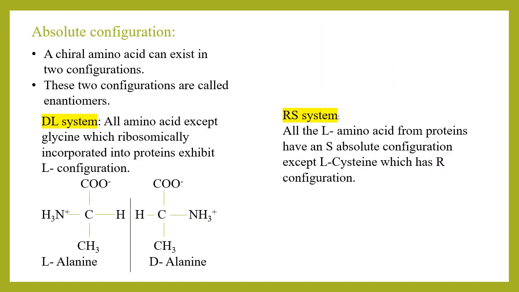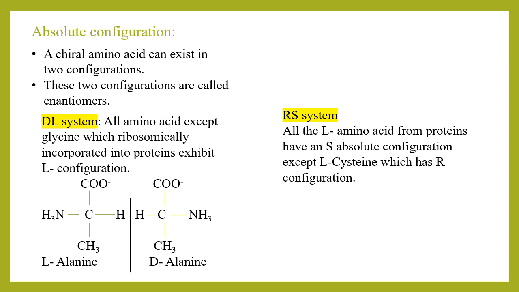Now we know that all amino acids except glycine are chiral amino acids, and these chiral amino acids can exist in two configurations, and these two configurations are called enantiomers. In the DL system, all amino acids except glycine which are ribosomally incorporated into proteins exhibit the L configuration.